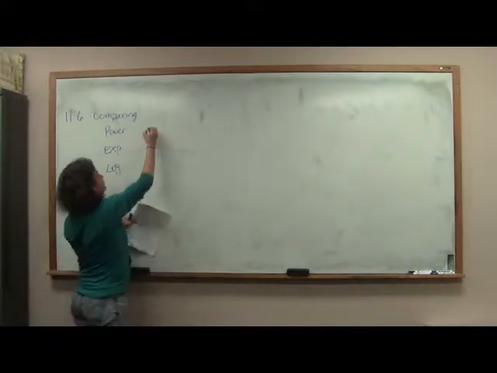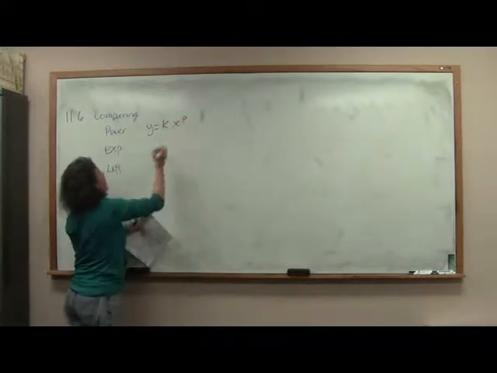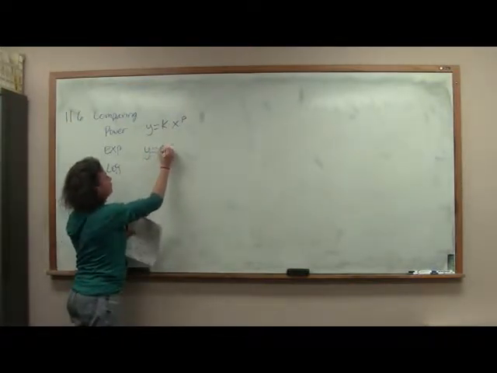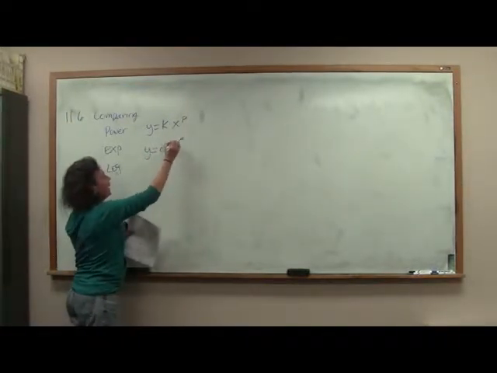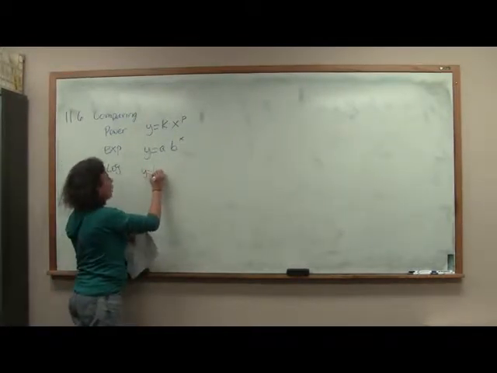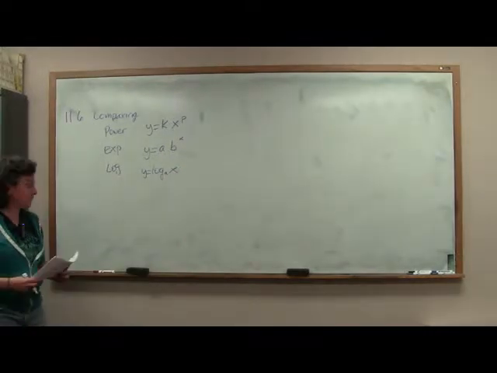Recall, power functions have the form k times x to the power of p. Exponential functions have the form a times b to the power of x. And logarithmic functions have the form log of x.